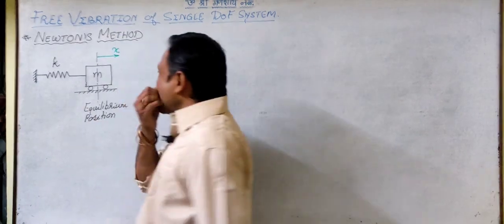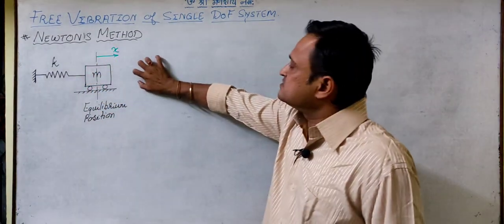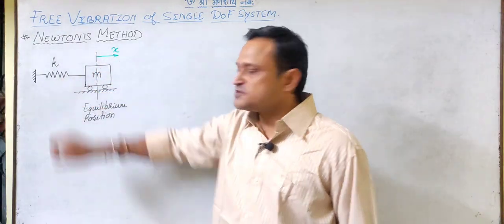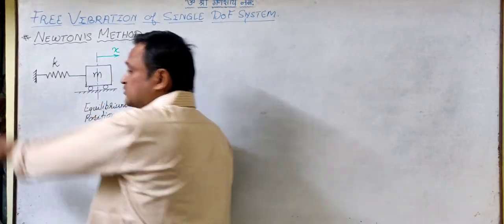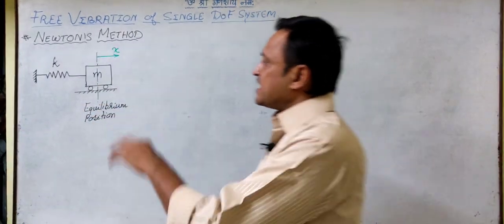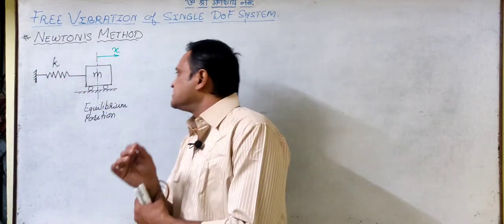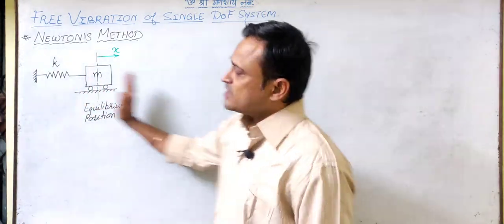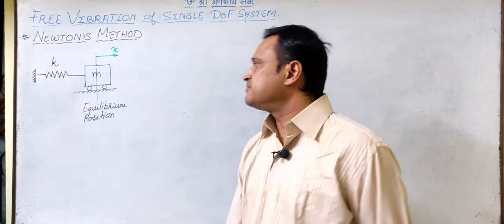Now as we know, when this body moves, say in this case to the right, due to the presence of the spring, the stiffness or the elastic property of this material will try to pull this mass back to its equilibrium position.